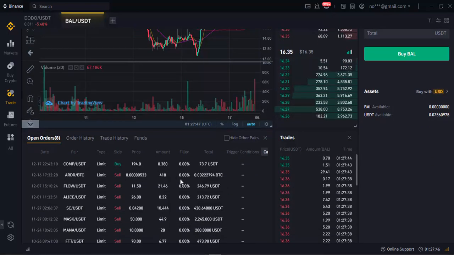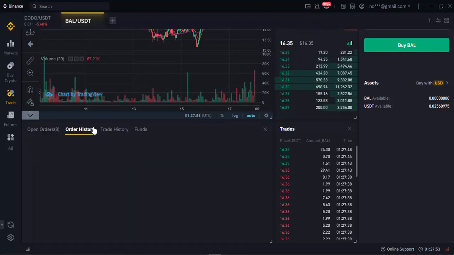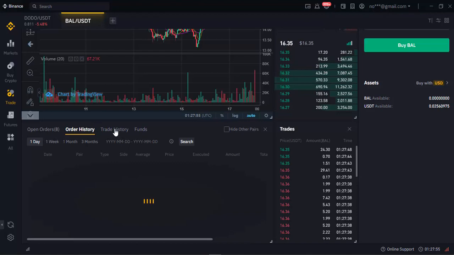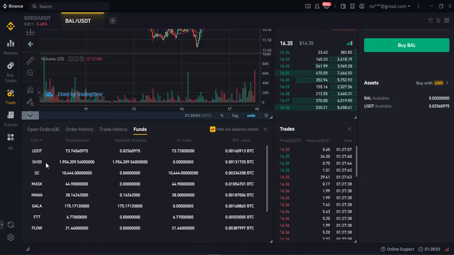When we scroll down, these are the open orders for my different trades. You can see trade history. You can also see order history. You can also see funds. These are different funds, USDT, Shiba, Mask, and so on.